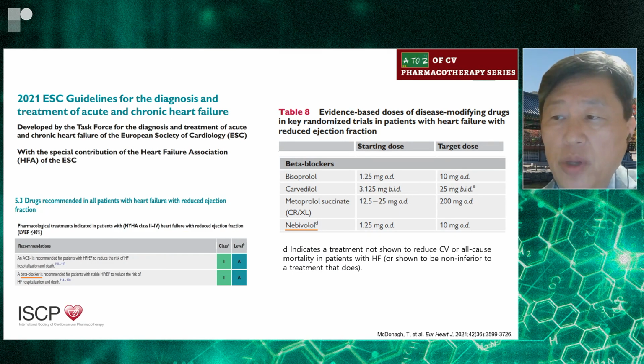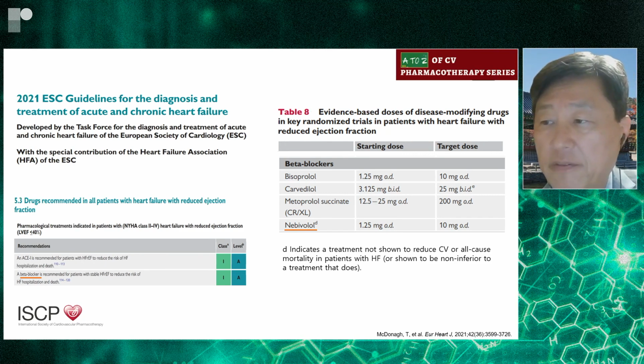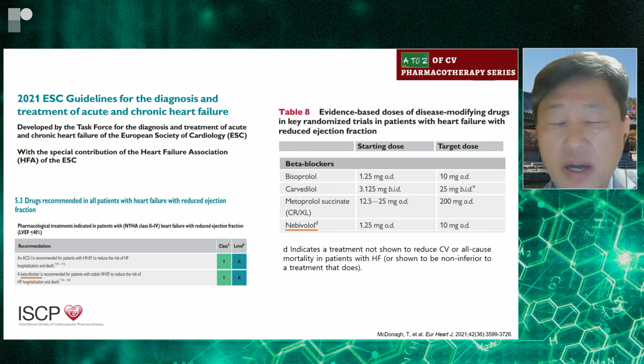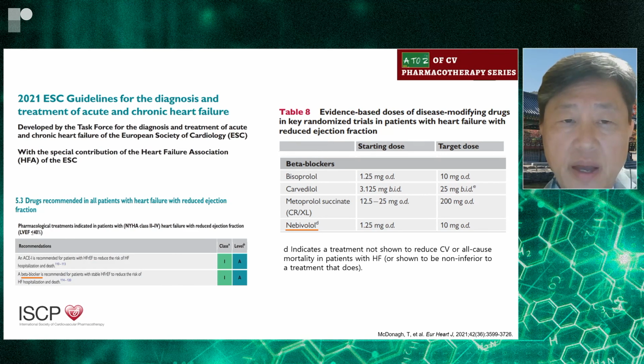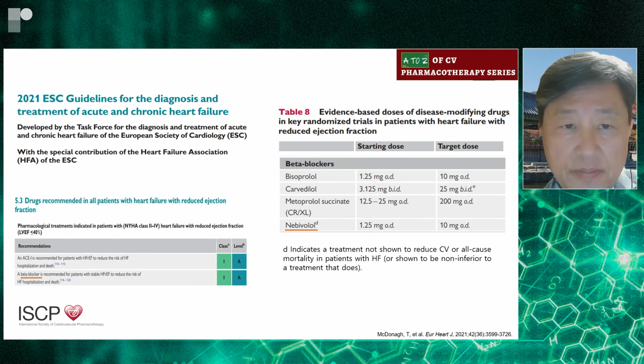According to the 2021 ESC guideline, a beta blocker is recommended for patients with stable heart failure with reduced ejection fraction to reduce cardiovascular outcomes, with class 1 and level A. The larger panel shows evidence-based dosages of this disease-modifying drug in randomized clinical trials in patients with heart failure with reduced ejection fraction.